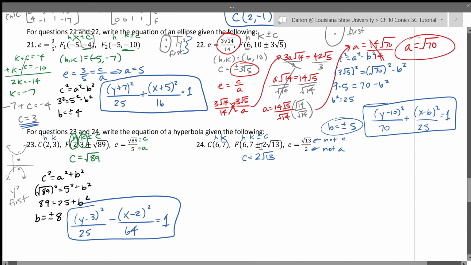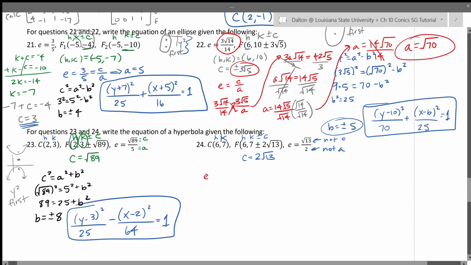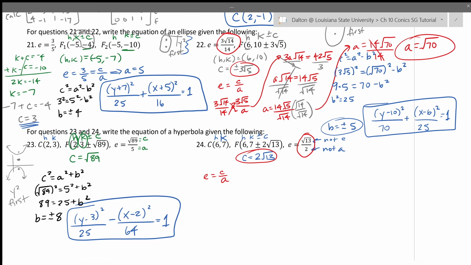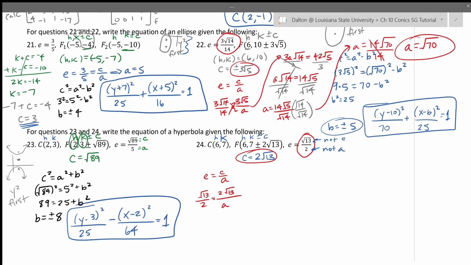Okay? But if we know that eccentricity is equal to c over a, then I can substitute this value in for e and this value in for c, and I can solve for a. So let's do that. Eccentricity is the square root of 13 over 2 equals c, which is 2 square roots of 13, over a, and I don't know what a is, and that's what we're solving for.